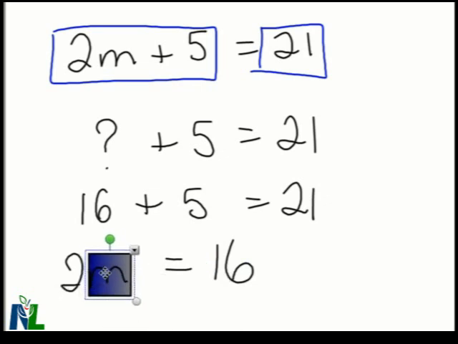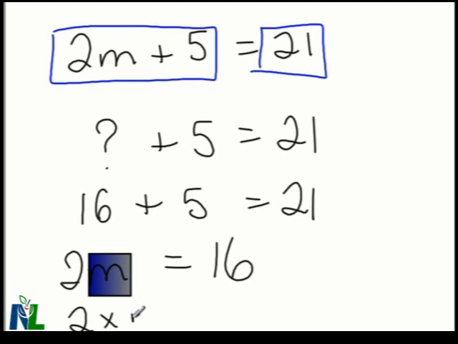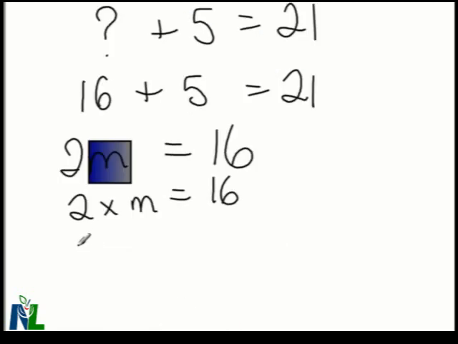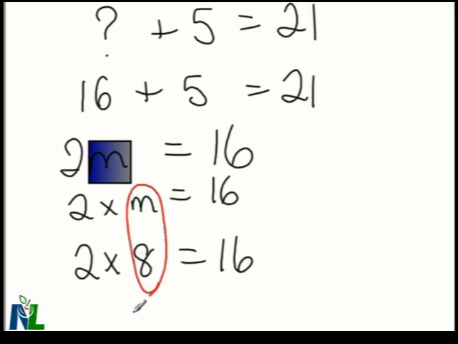And 2m means 2 times m. So 2 multiplied by what number gives us 16. And of course you guys know that 2 times 8 gives us 16, which means m must equal 8.